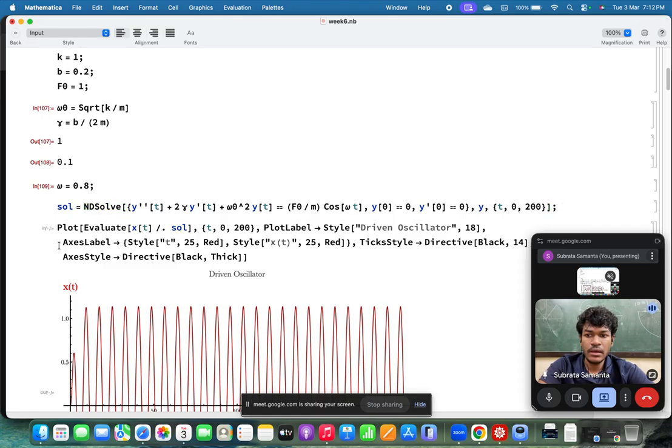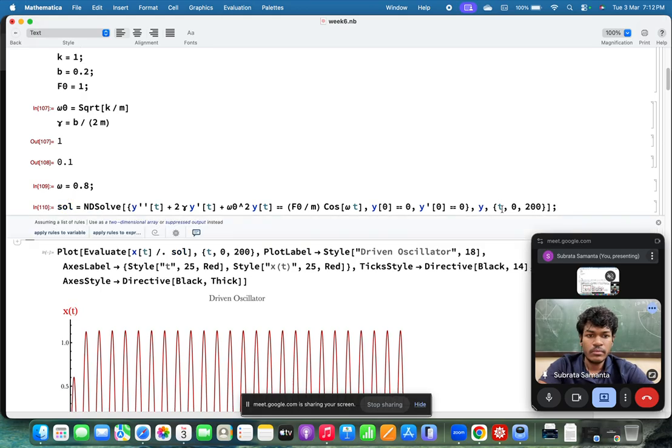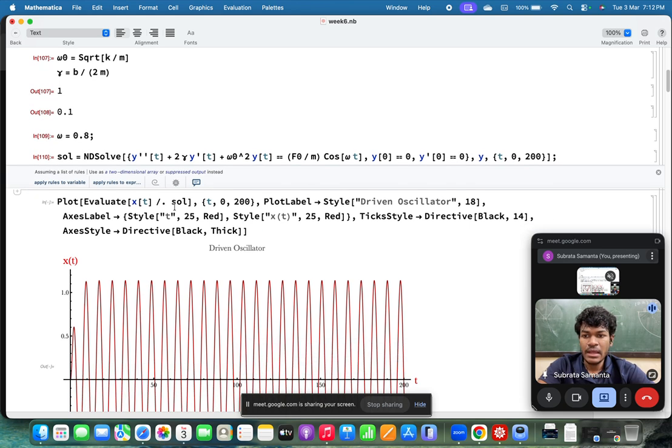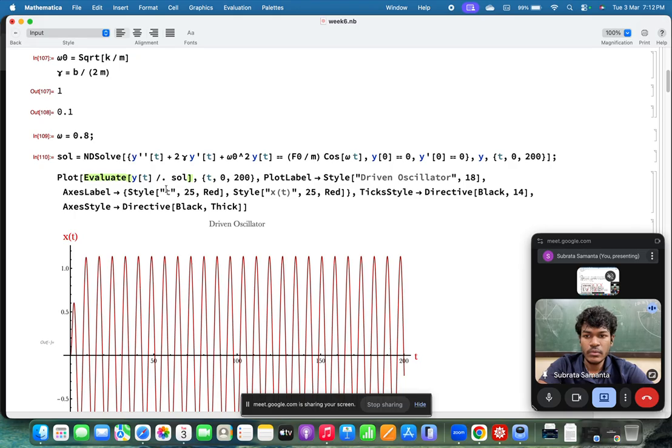So the solution is basically an interpolating function from 0 to 200. Then I want to evaluate this y t with these solutions for t from 0 to 200, and I plot this.